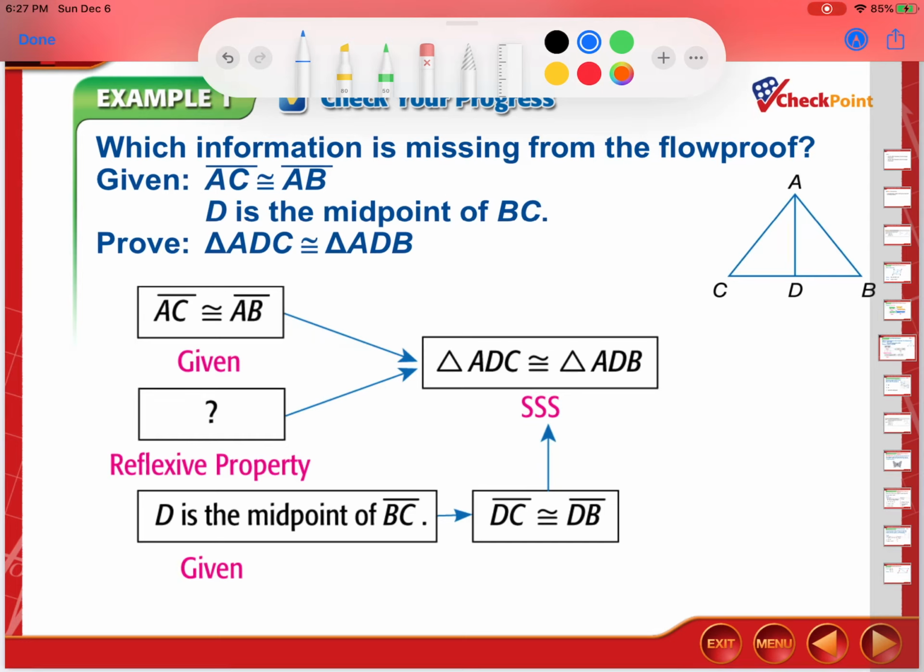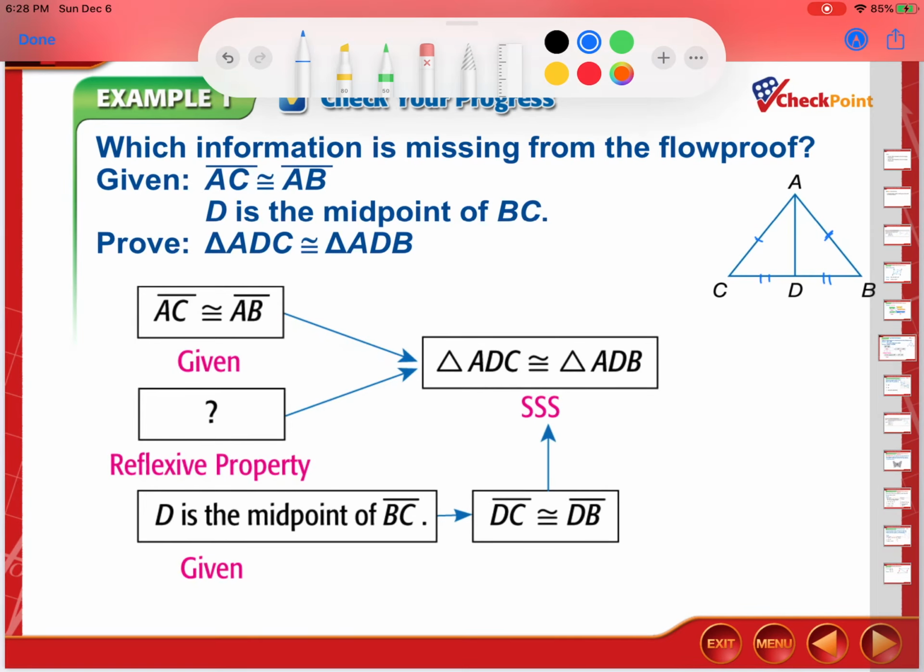So once again, on this next one, we see a flow proof as well. And so I spend all this time ragging on them, but yet we're going to continue to use them in this lesson. So in this flow proof, what they give us is that AC is congruent to AB. So this line and this line are congruent, and then they also give us that D is the midpoint of BC.